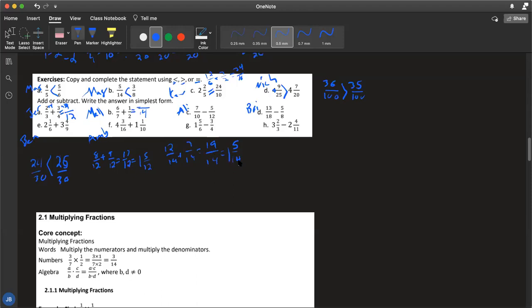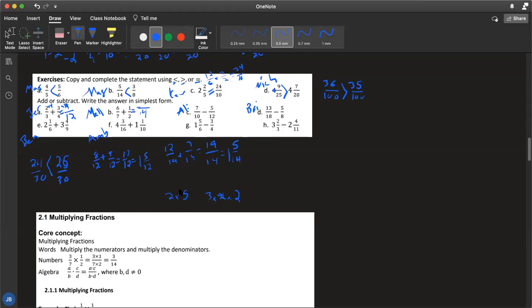Alina, the next one. So for this one, I first found the same denominator of 10 and 12. I did the prime factorization. For 10, it's 2 times 5. And for 12, it's 3 times 4. And for the 4, it's 2 times 2. Perfect.